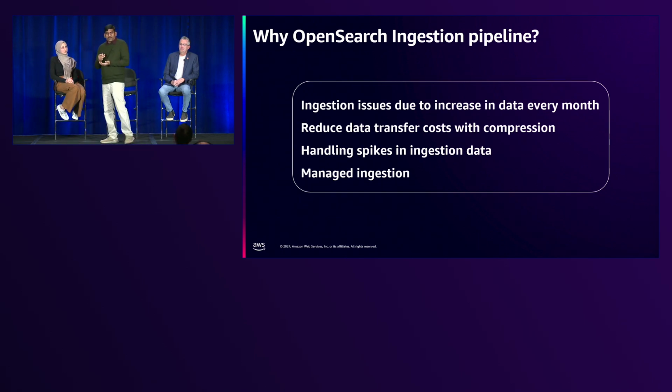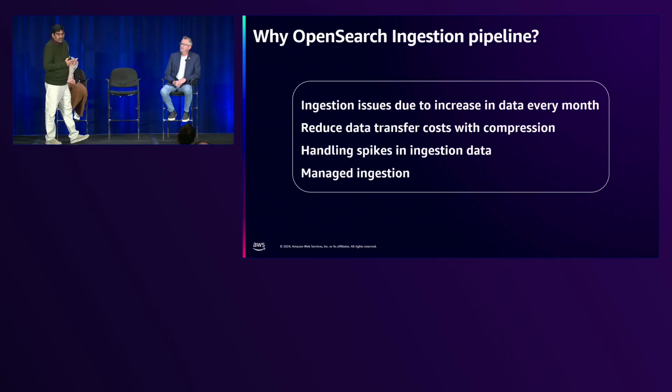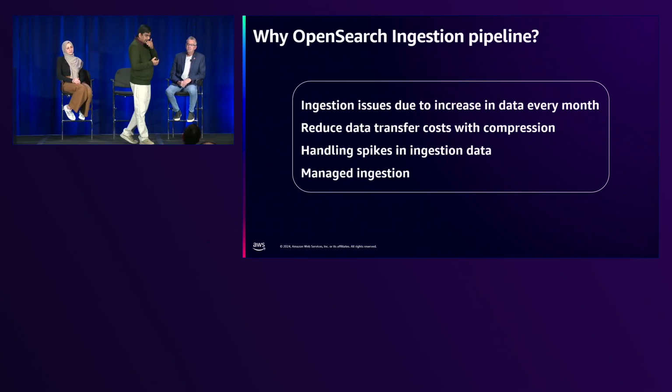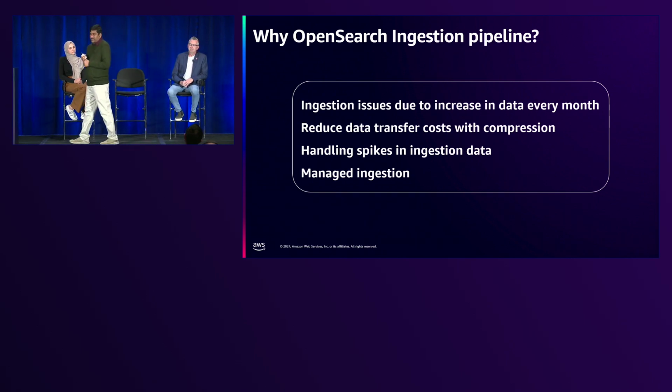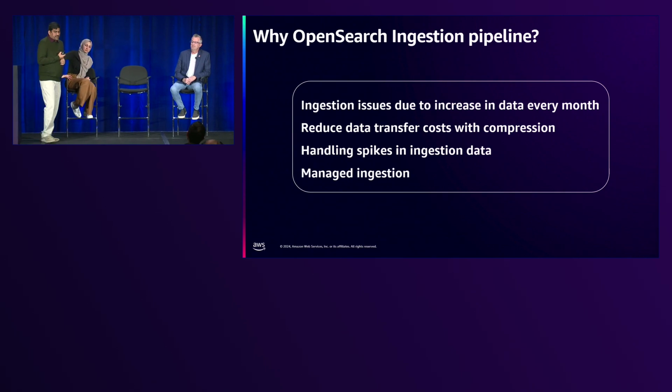So we have to handle spikes. We have to handle data increasing every day or every month, right? So we were looking for something scalable, robust, which can handle all these things, as well as give us the best cost optimization. So we went with the OpenSearch ingestion pipeline choice.